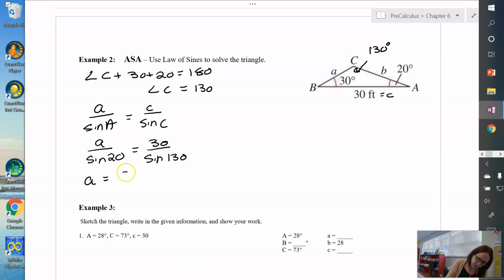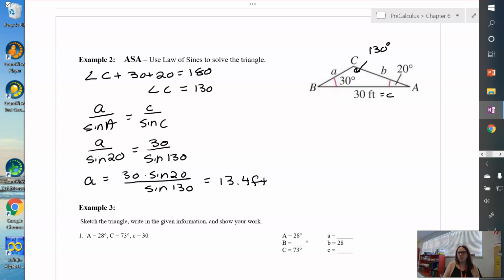Just like before, this is going to be 30 times the sine of 20 divided by sine of 130. And I get 13.4 feet.